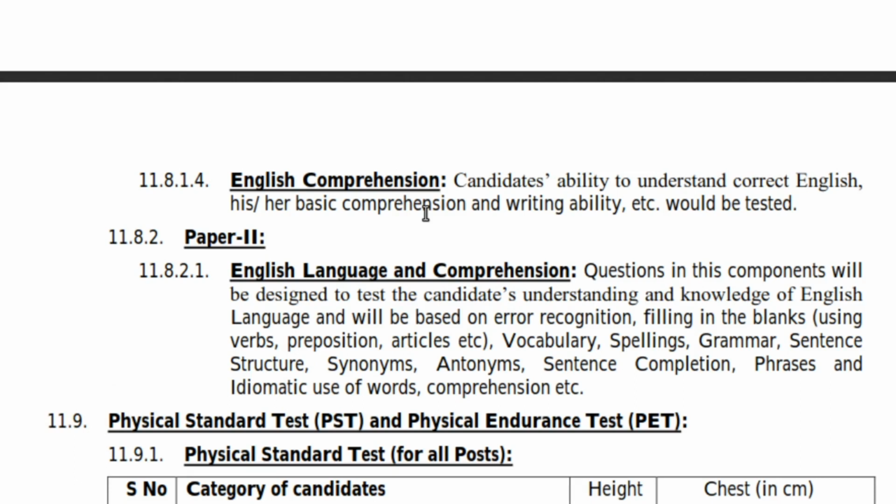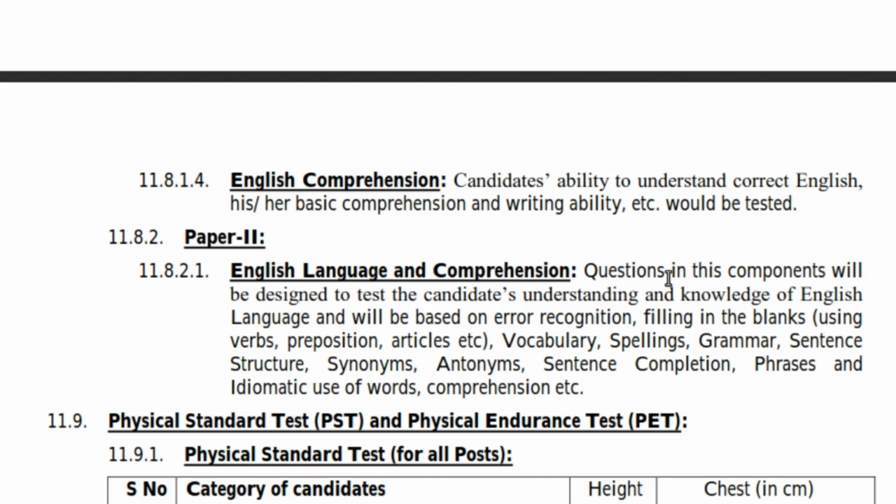Now part 4, that is English comprehension. What is this? This is for testing the ability to understand correct English and even the comprehension and writing ability of the candidate. Now Paper 2 contains 200 questions of 200 marks on the topic of English language and comprehension.